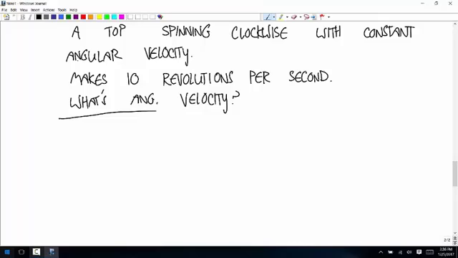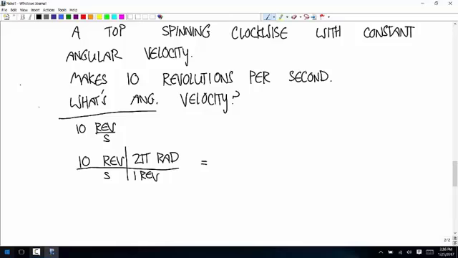Okay, so every second it makes 10 revolutions. So you can think of that as 10 revolutions per second. So if we have 10 revolutions or 10 rotations, means the same thing, per second. One revolution is 2 pi radians.